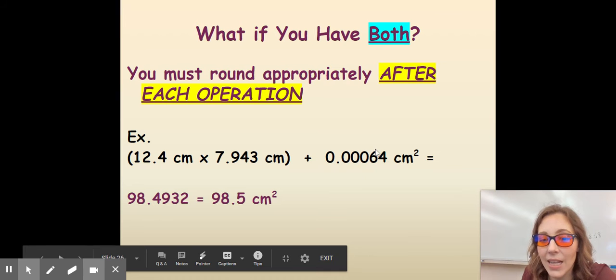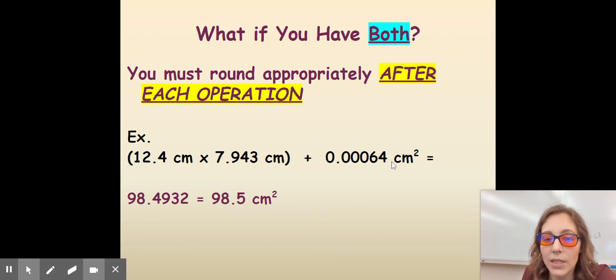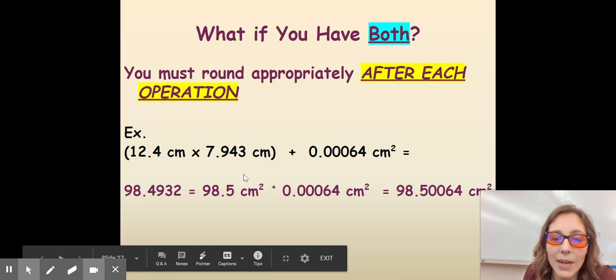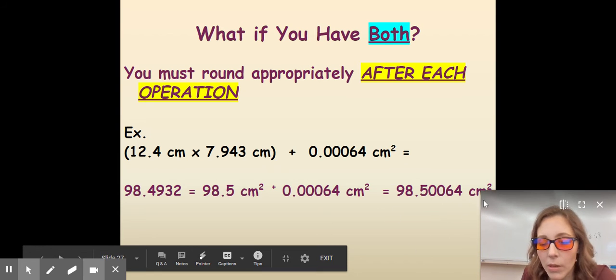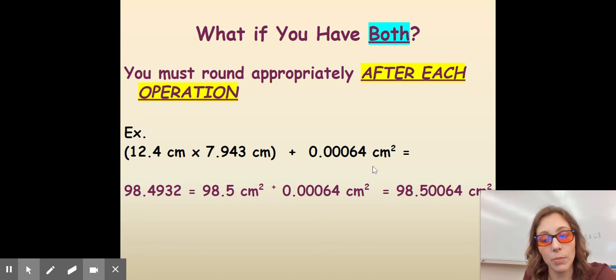Now I can add in that second number, 0.0064. So here I'm going to add the 98.5 plus 0.0064. And this is what the calculator says, 98.5, blah, blah, blah. Okay, adding is about decimal places.